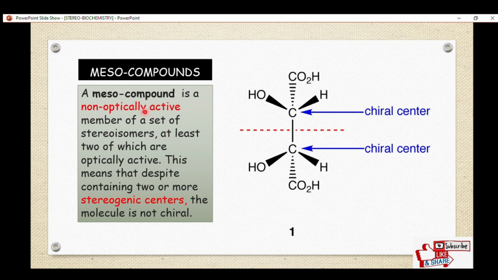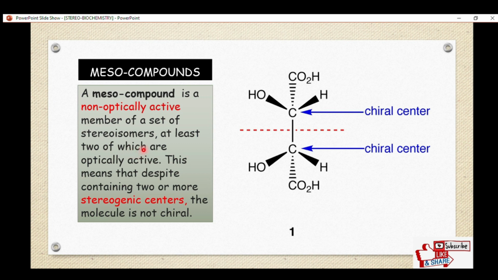Okay, so this is also a meso compound. So let's talk about a meso compound. When we talk about a meso compound, what's a meso compound? A meso compound is non-optically active. Okay, so the underlying word here is not optically active. A meso compound is a non-optically active member of a set of stereoisomers with at least two chiral centers.